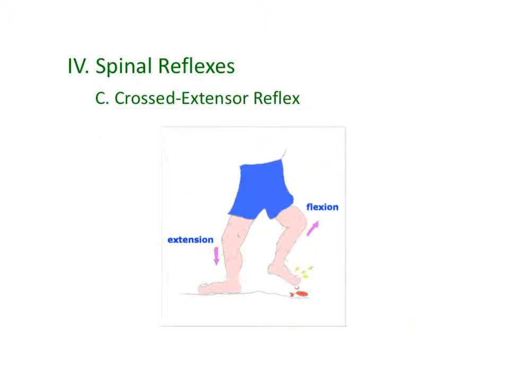So, in summary, what the crossed extensor reflex does is it gives you ipsilateral withdrawal. So it will pull you away from the toxic stimulus or harmful stimulus on the same side of the body, but then gives you contralateral, or opposite side of the body, extension.